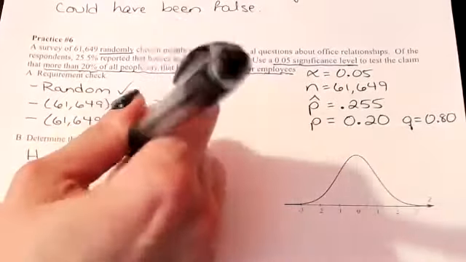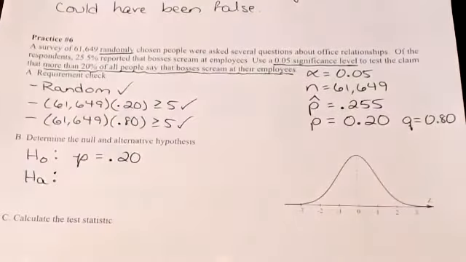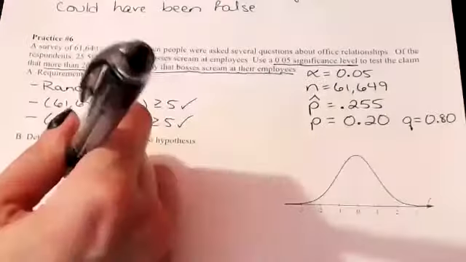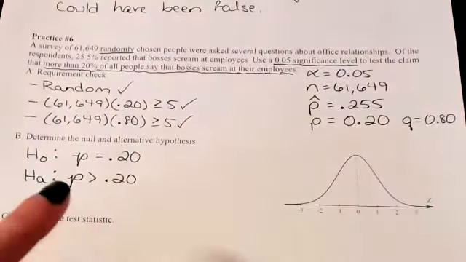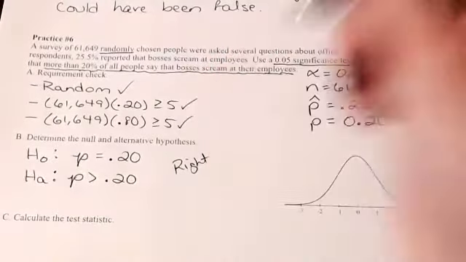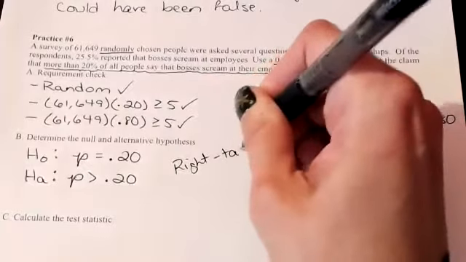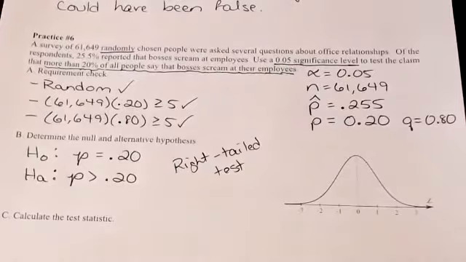And then we want to test the claim that it's actually more than that. It's more than 20%. So we want to write that P is greater than 0.20. Noticing that P is greater than 0.20 tells us this is definitely going to be a one-tailed test, specifically a right-tailed test.